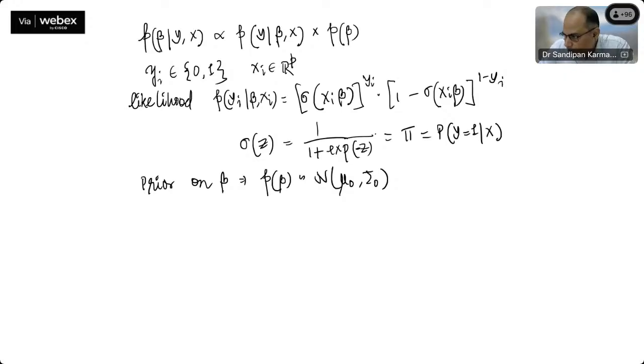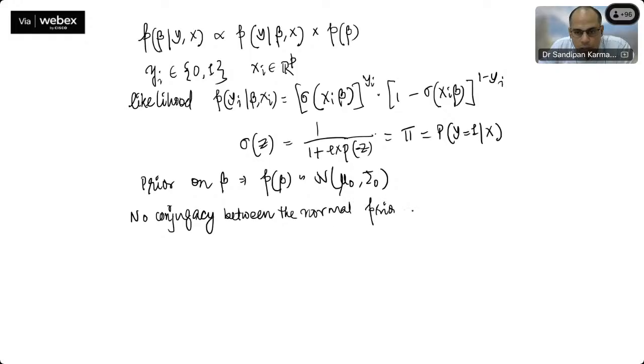Now the problem is that there is no conjugacy between the normal prior and the Bernoulli likelihood. So this is the problem.